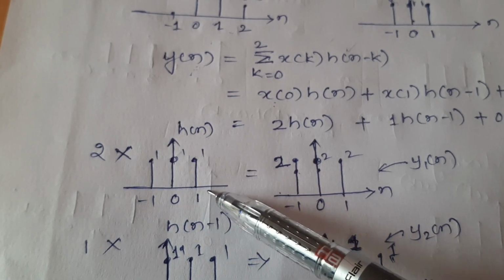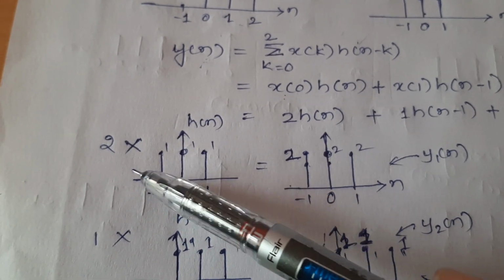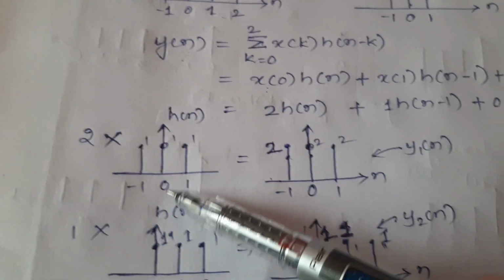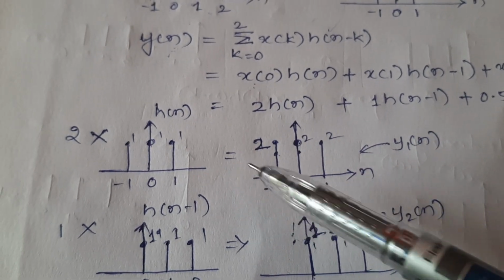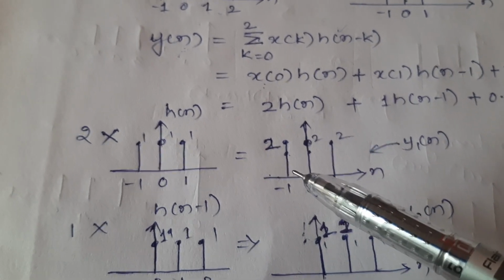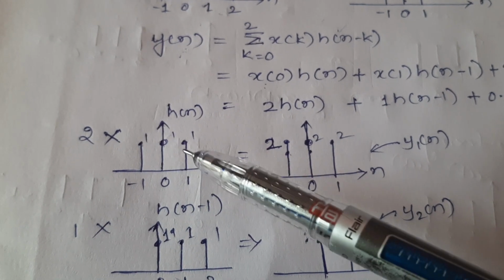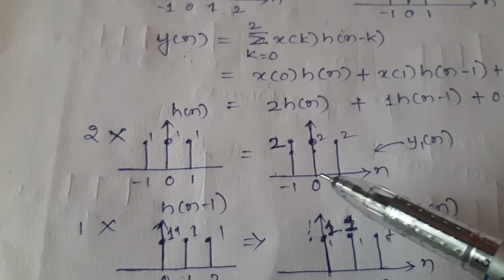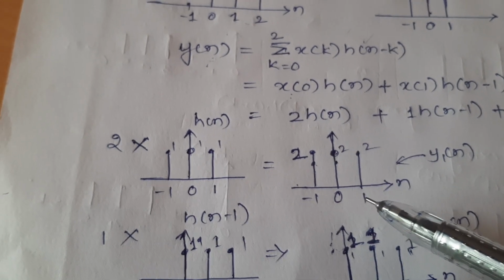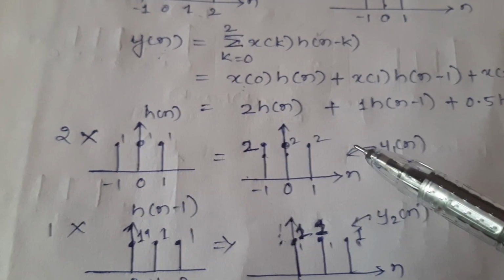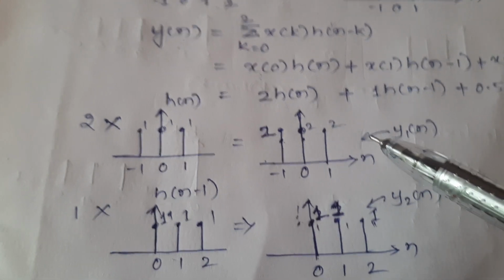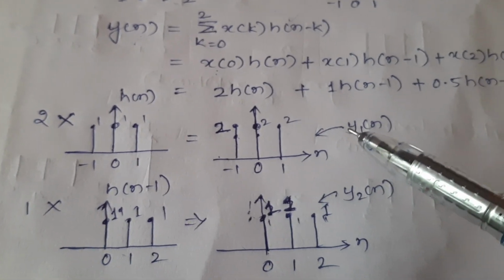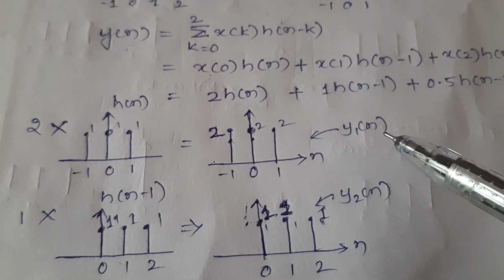We know how to multiply 2 with this signal. When we do the multiplication, each of the samples gets multiplied by 2. So 2 at -1, at 0 and even at 1. And it is not our output, it is a part of our output. So let's name it y1 of n.